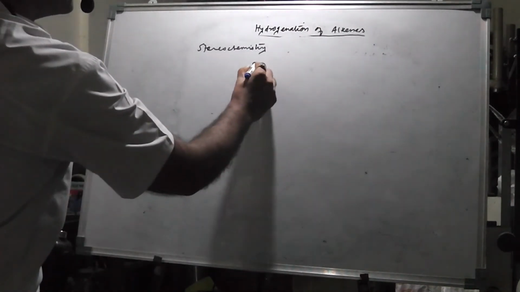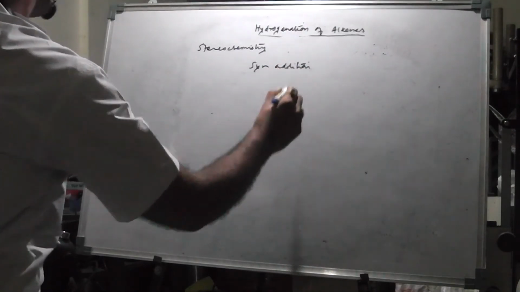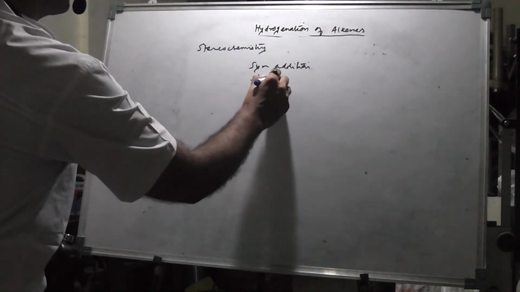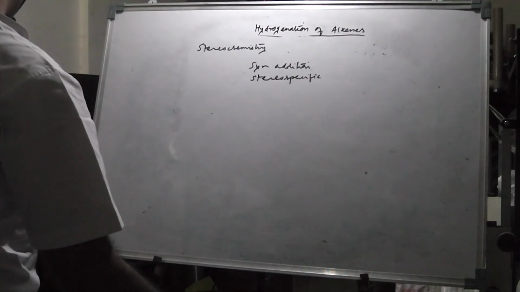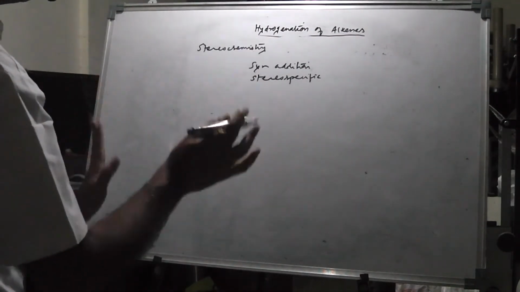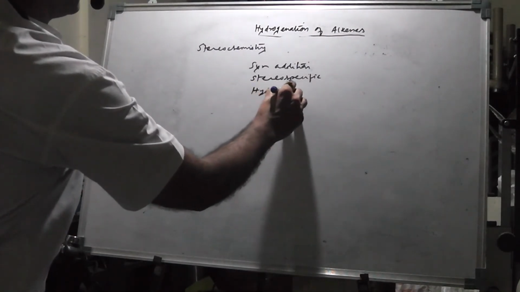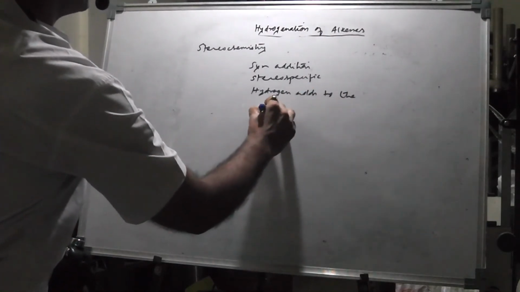It is predominantly syn addition. It is stereospecific syn addition. So hydrogen adds to the same face of the double bond, the same face of the alkene.